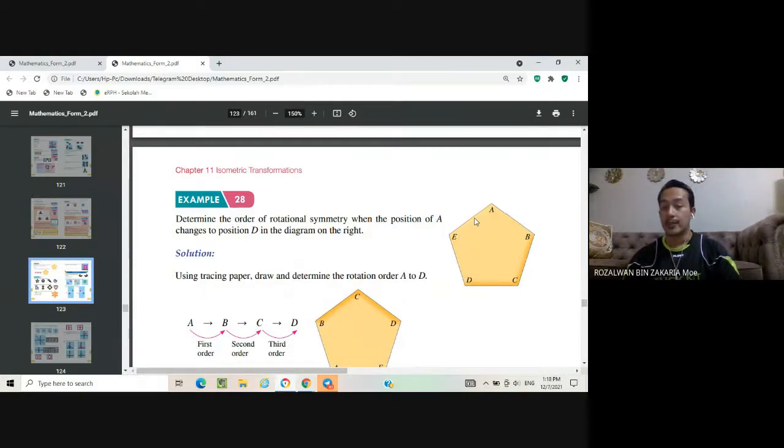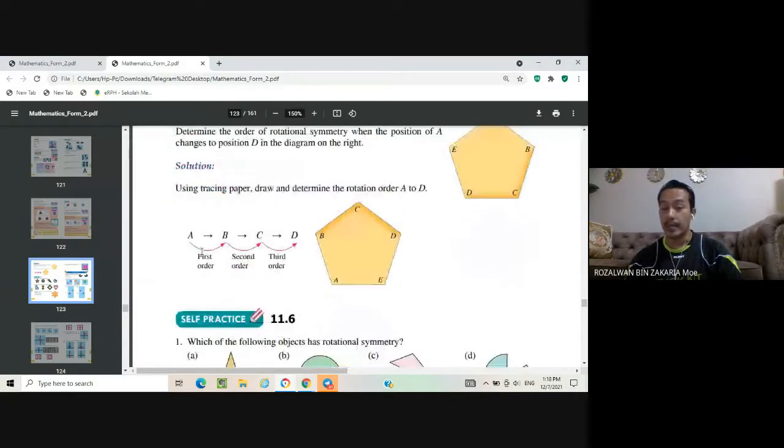The question asks you to determine the order of rotational symmetry when the position of A changes to the position of D. So how to do this? You have to use a tracing paper. Draw and determine the rotation order from point A to point D.